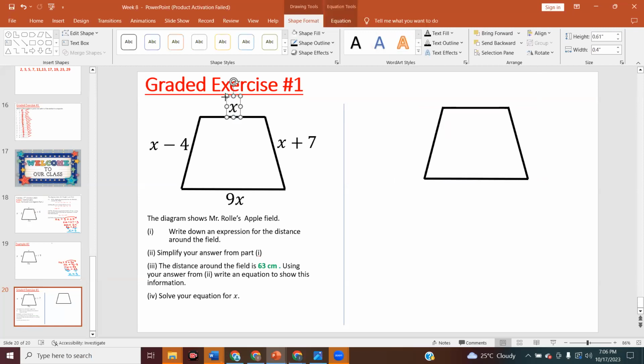Okay, let's say that this is X. Let's say that this is X plus 6. So this is, say that this is 2x.